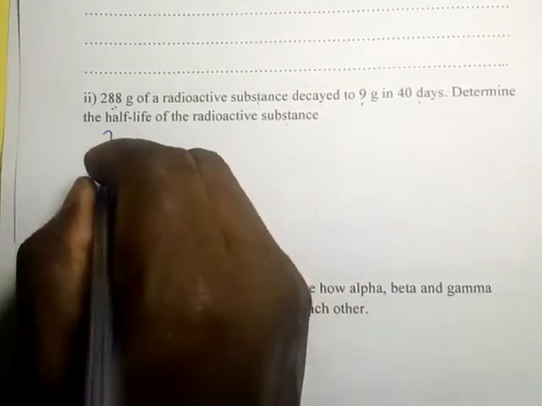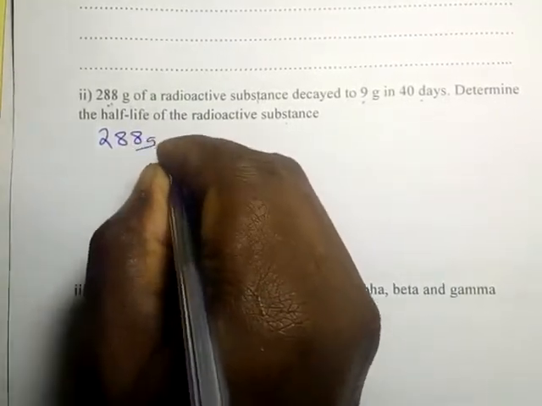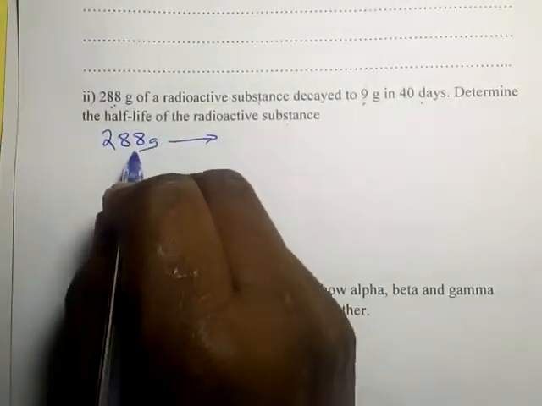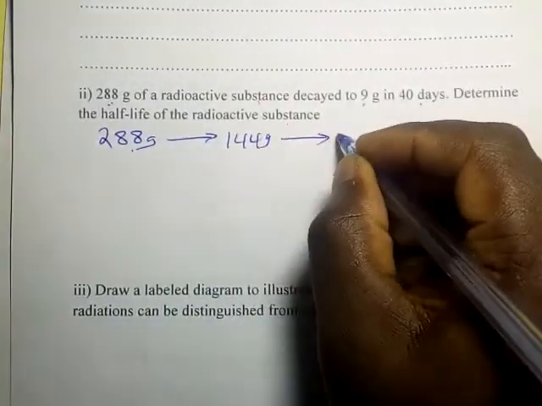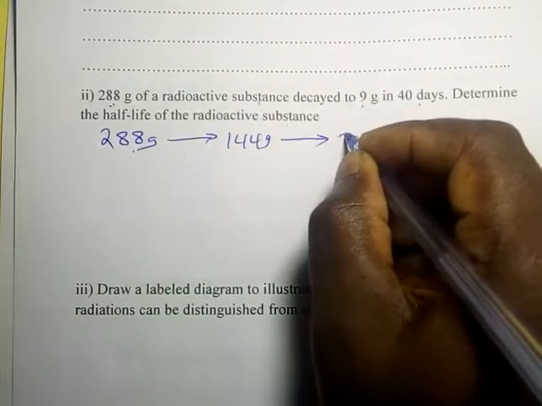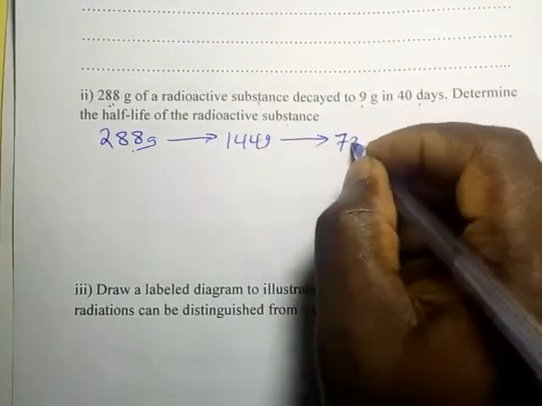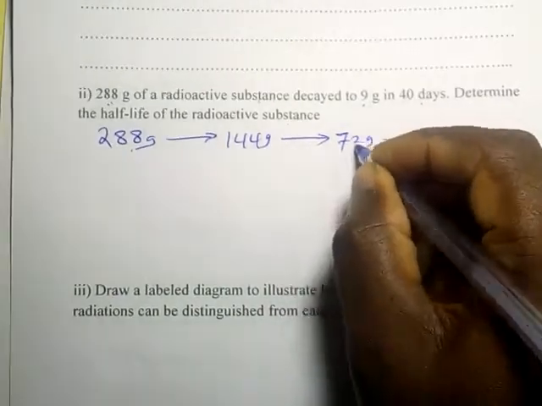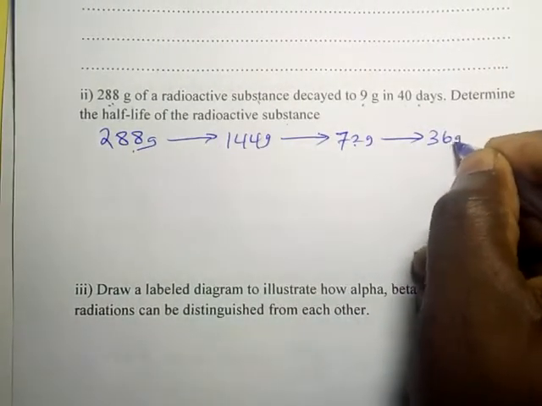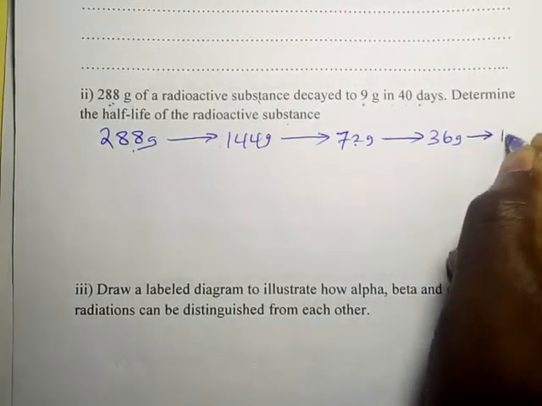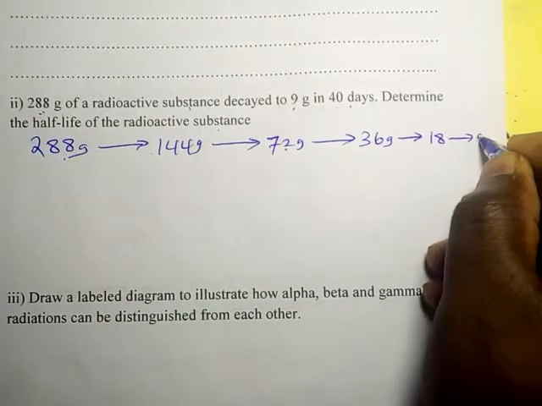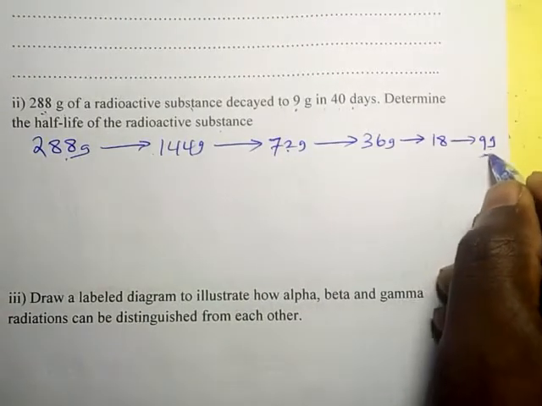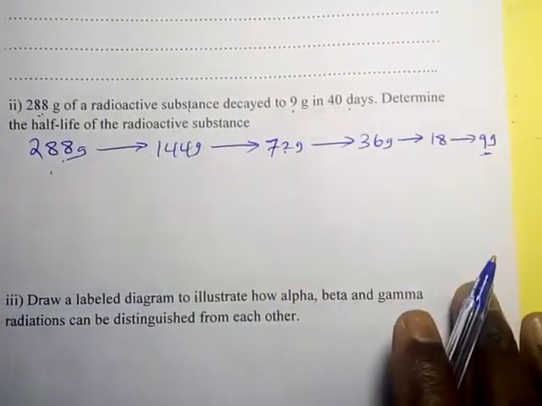Half of 288 grams is 144 grams. Half of 144 is 72 grams. Half of 72 is 36 grams. Half of 36 is 18, and then finally 9 grams.